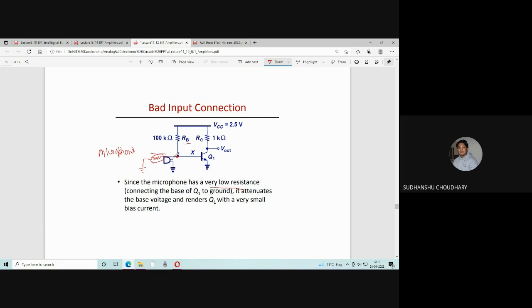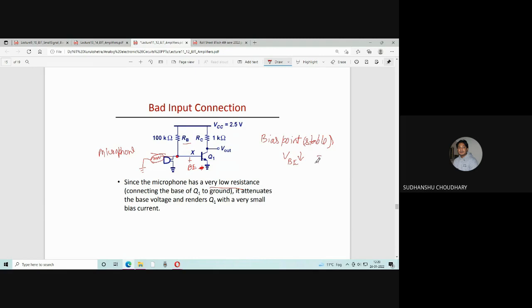So this is basically connecting the base of this BJT to ground, which is now attenuating the base emitter voltage, VBE. That is, this base emitter voltage now goes down because of this connection. So the bias point is also now not stable, because VBE goes down.